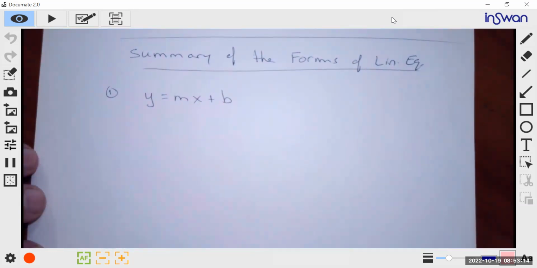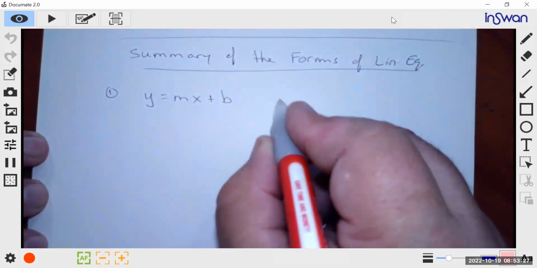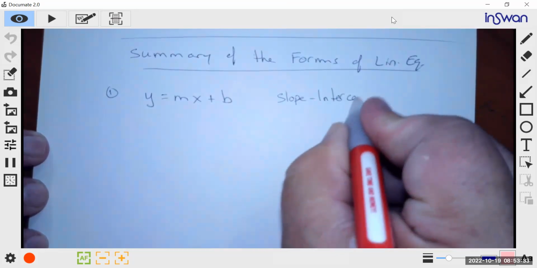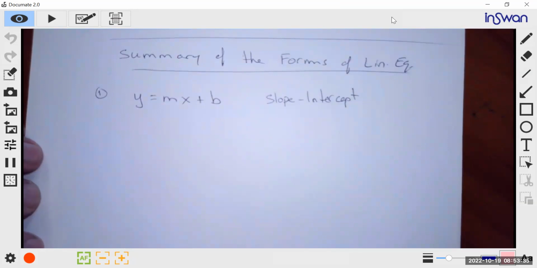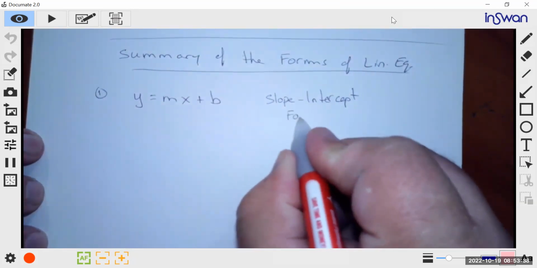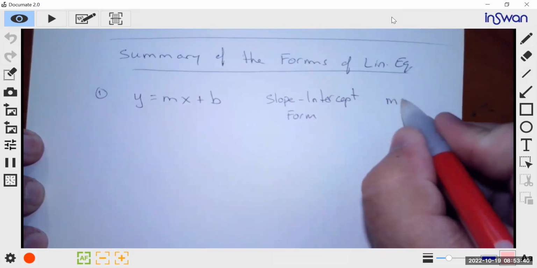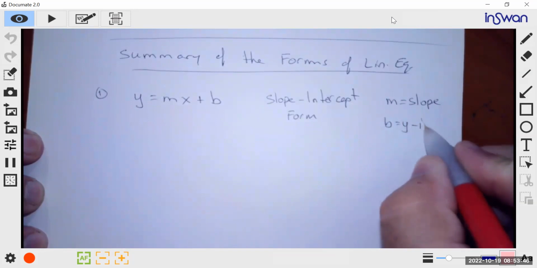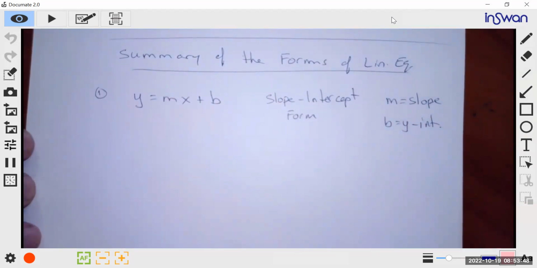What is that one called? This is called the slope intercept form. Why is it called the slope intercept form? Because m is the slope and b is the y-intercept. That's the first one.